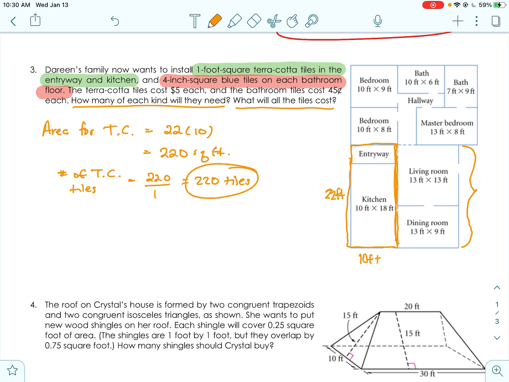So they need 220 tiles for those 2 rooms. Now we need to figure out the number of blue tiles for each bathroom. So if we take a look at this, we have area of bathroom.